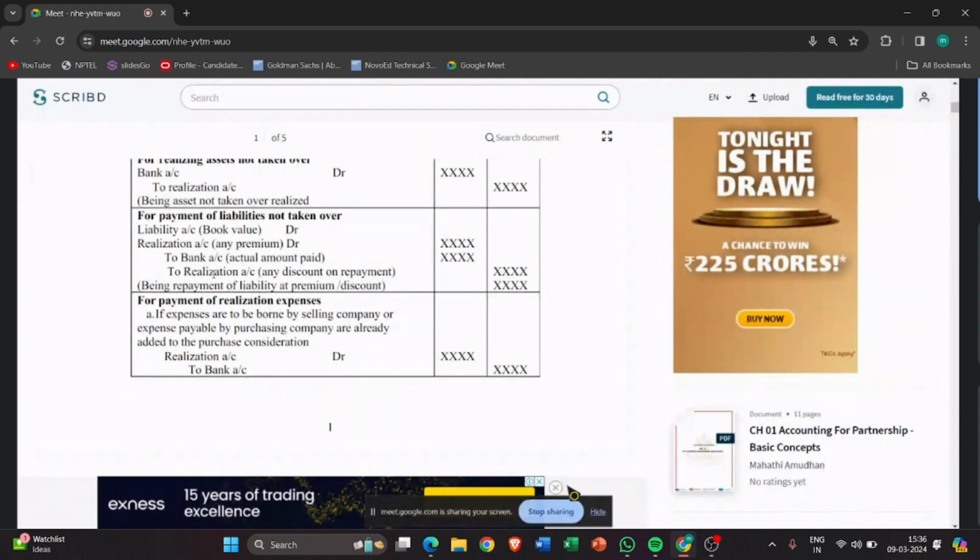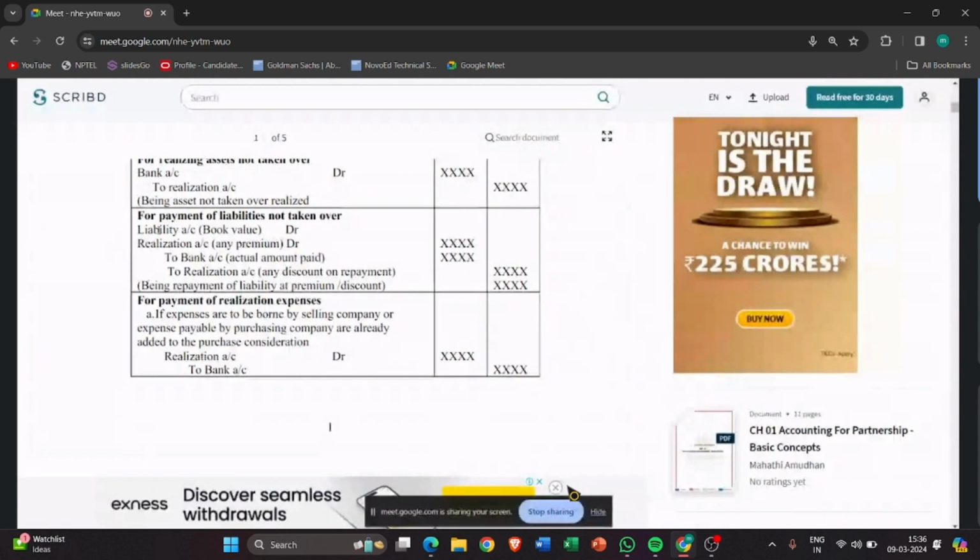If you're paying off the full amount, then no problem, just liability to cash. But if you're paying a lesser or a greater amount, then the difference should be written to realization account. So say for example, the liability is 10,000 rupees and you're paying off only 8,000 rupees. So the balance of 2,000 will be a discount which is written to realization account.